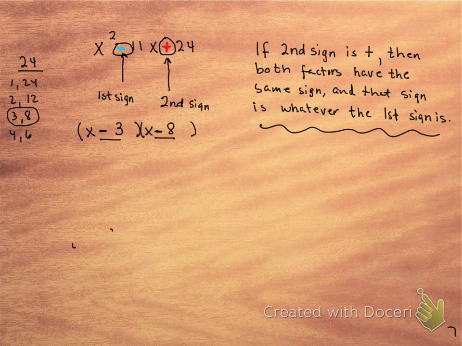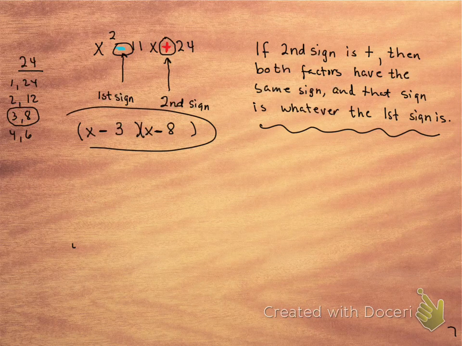So let's check this by distributing just to make sure that we get back what we started with. Because if you factored this correctly, by foiling it out you'll get back to the x squared minus 11x plus 24. So let's check ourselves.